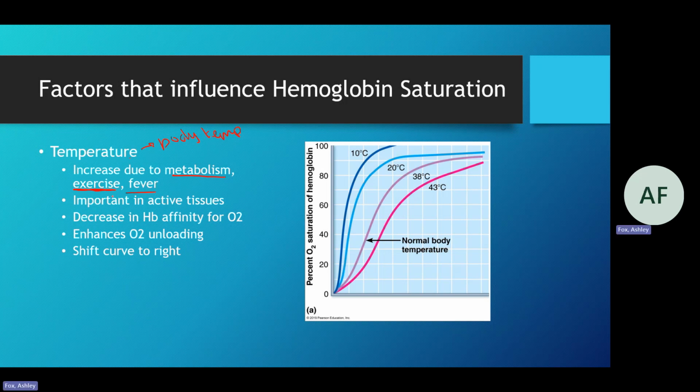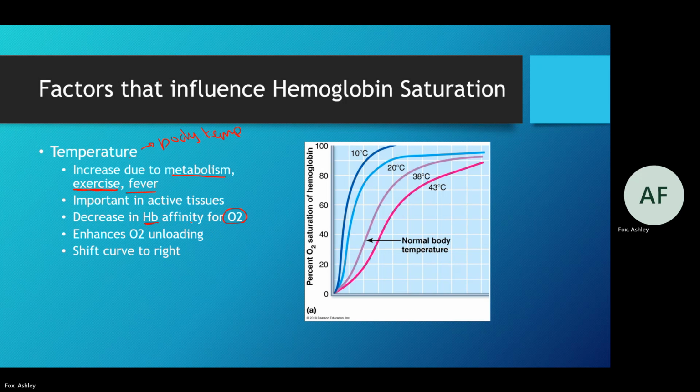This is important. If you're exercising, this is a good example. So what's happening during exercise? Your muscles are contracting a lot. What do they want? They want oxygen so they can make ATP, because ATP is necessary for muscles to contract. So what you're going to do is decrease hemoglobin's affinity for oxygen.